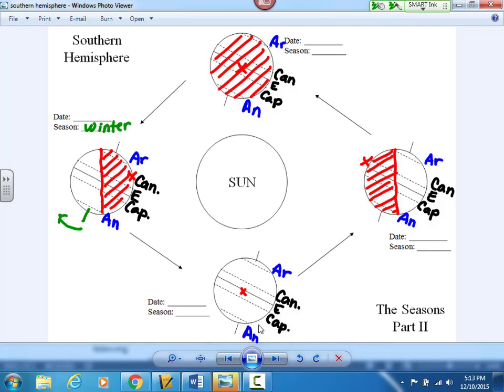Over here, tilted towards the sun, so this is their summer. And again, look at the arrows when you go from winter to summer. Winter to summer, the season in the middle is spring. And that makes the last one there fall.